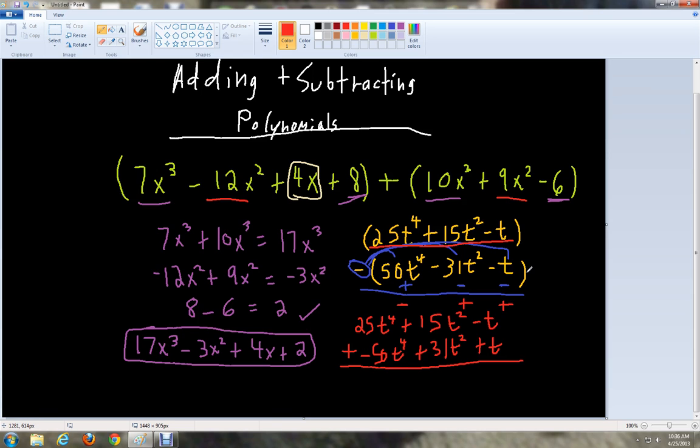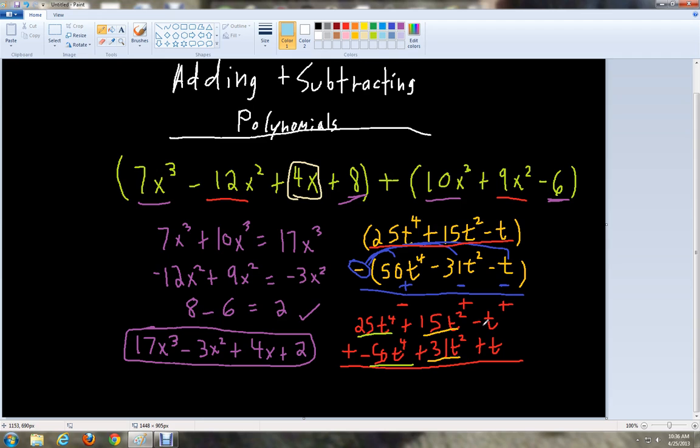Now we have all the like terms, right? So 25t to the fourth and negative 50t to the fourth, those are like terms. We have 15t squared and 31t squared, those are like terms.